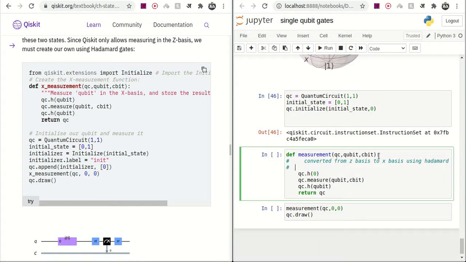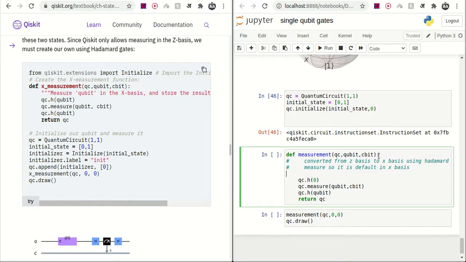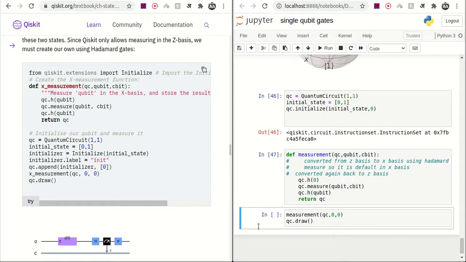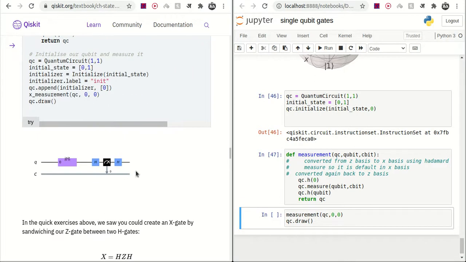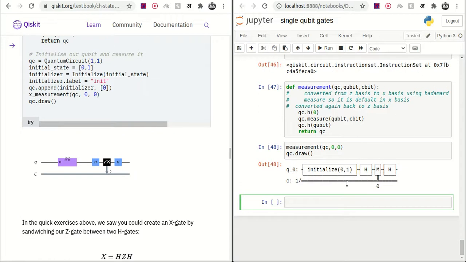Then we measured, so it is by default in the x basis, and converted again back to the z basis. Actually, this is what we did.